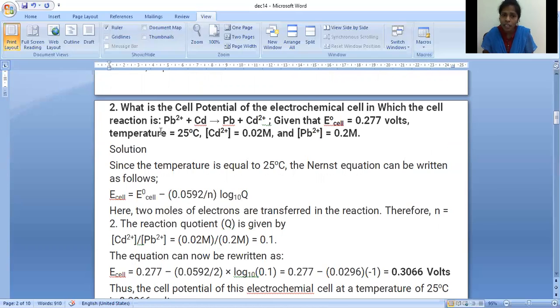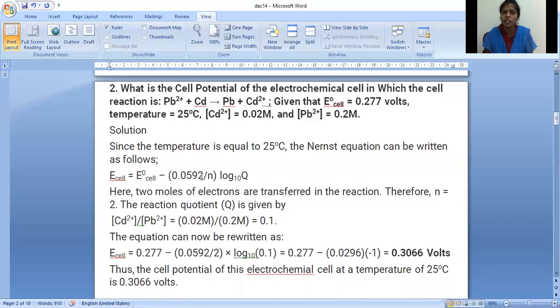Because they have given the temperature as room temperature. We know the Nernst equation at room temperature is E cell equals E naught cell minus 0.059 by n log Q. Now let's see what is n and what is Q.